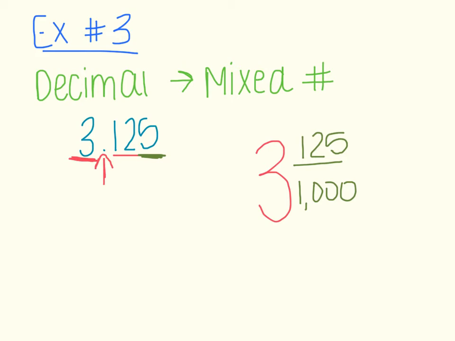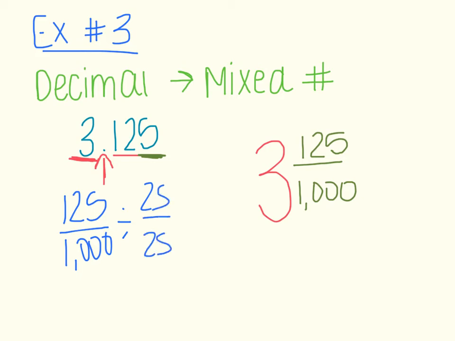I'm going to do it over here where I have some more room. I just rewrote my fraction and I'm going to divide by 25. 125 divided by 25 is 5, and 1,000 divided by 25 is 40.